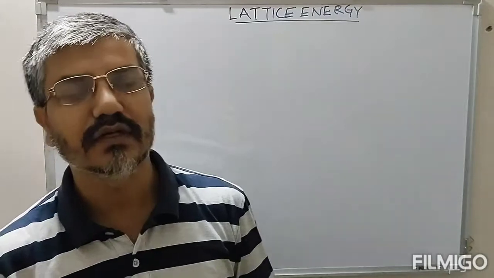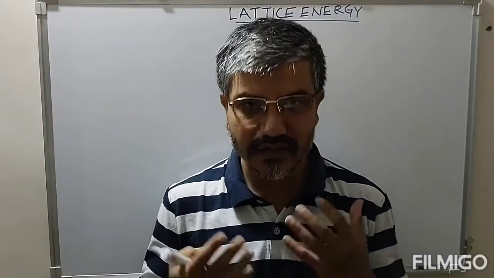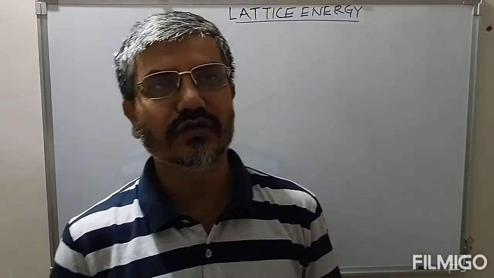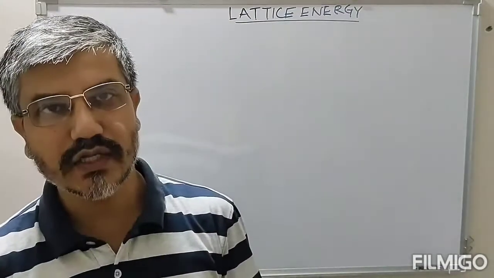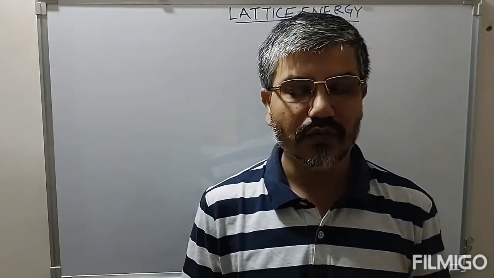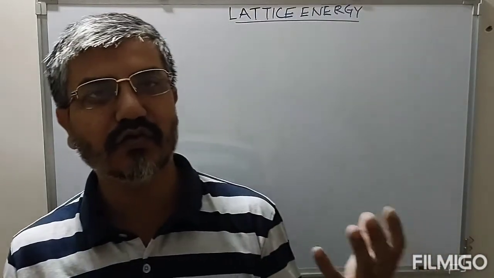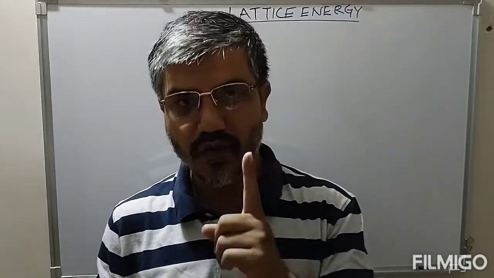First, it is defined as the energy released during the formation of 1 mole of an ionic compound from the required number of cations and anions. So we may have more than one cation or more than one anion. From this required number of cations and anions, we should get only 1 mole of the ionic compound.